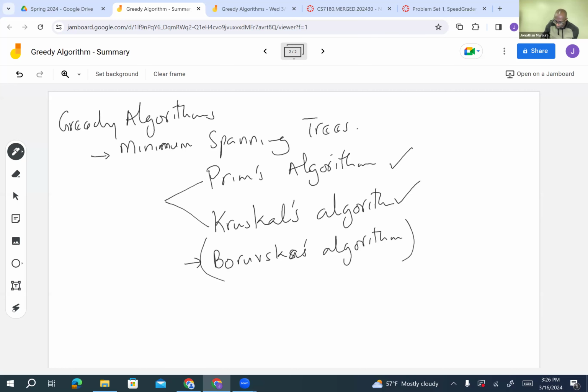So what I want to do initially is to go through Prim's algorithm quite quickly, and Kruskal's algorithm, and this would enable us to go back to the materials that we have discussed in the past.